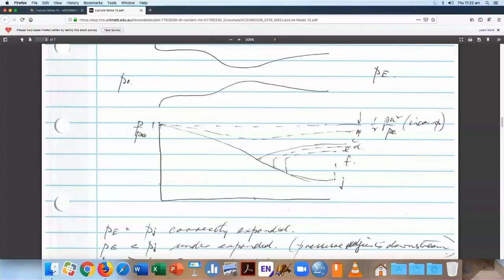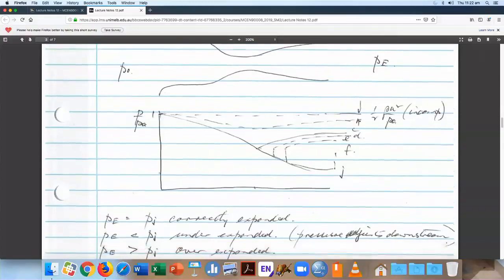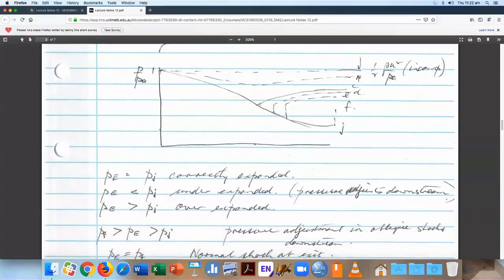So now, I posed for you last time, what happens if the pressure is exactly PJ, less than PJ, or as high as the pressure at C. So this is very basic to rocket nozzles.